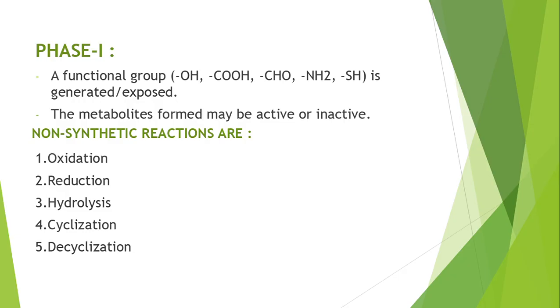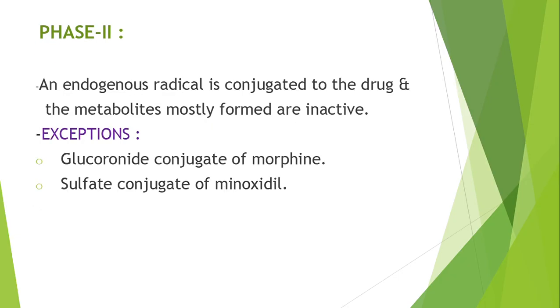These include oxidation, reduction, hydrolysis, cyclization, and decyclization. In phase 2, an endogenous radical is conjugated to the drug, and the metabolites mostly formed are inactive. But the exceptions are the glucuronide conjugate of morphine and the sulfate conjugate of minoxidil.